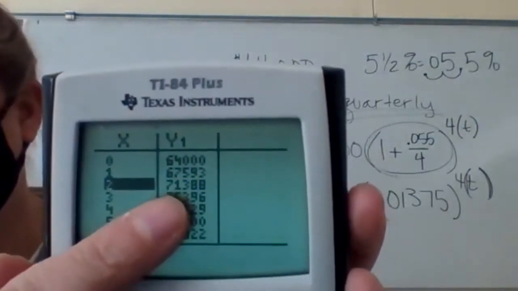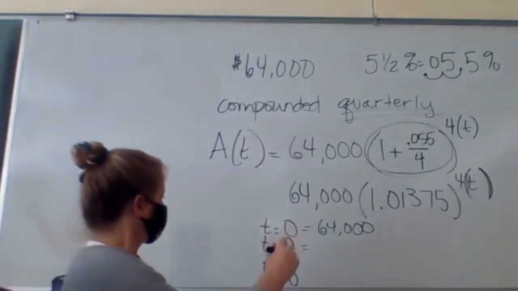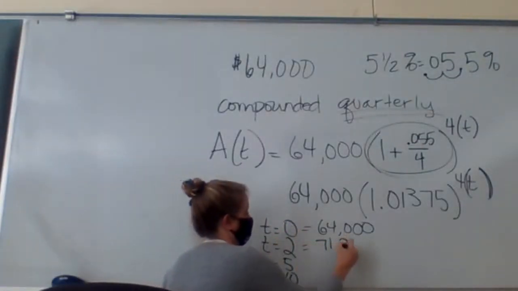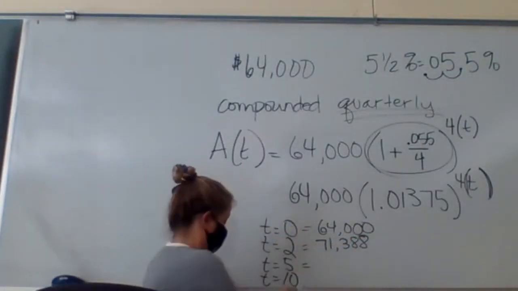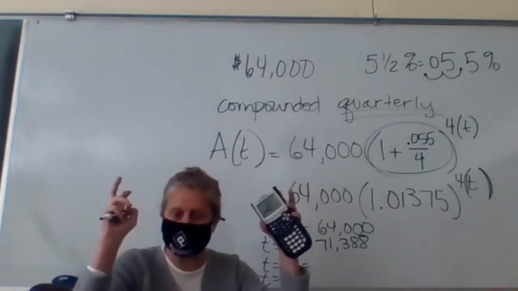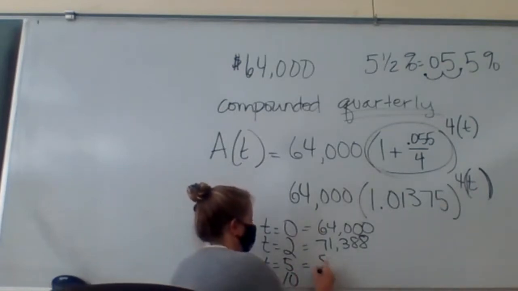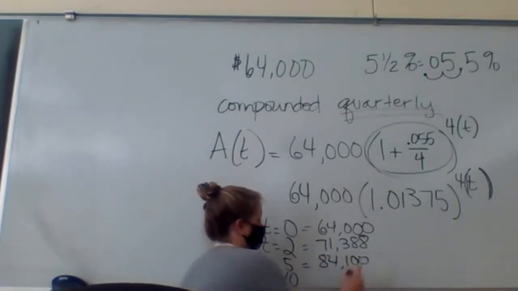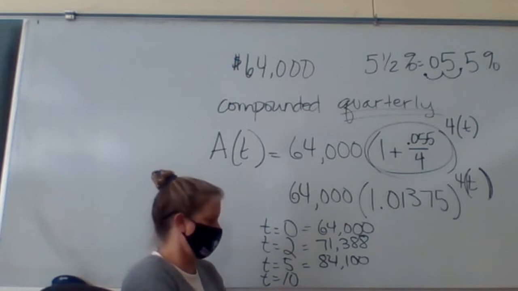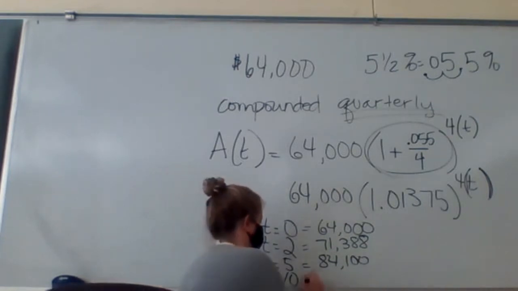You're now at 71,388. Same thing, after 5 years, so just go down to where your t, which is your x, is 5, 84,100. And after 10 years, 110,513.